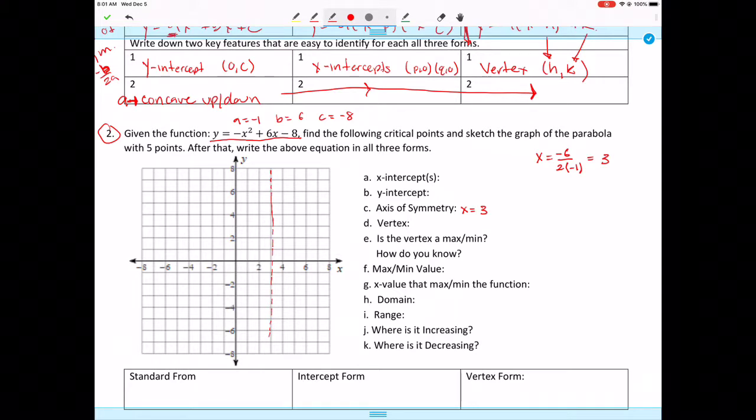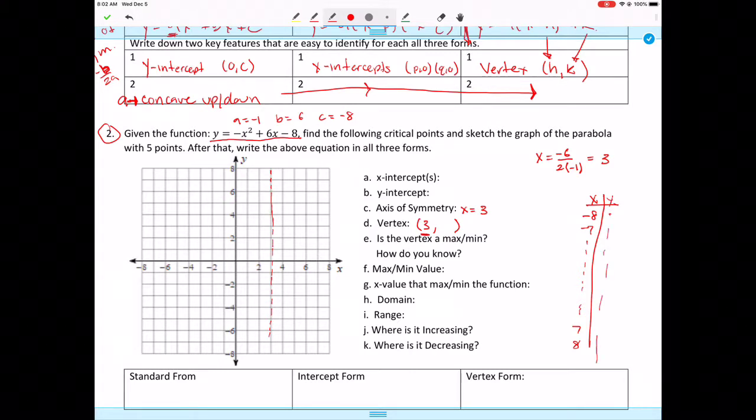We know that the vertex is on the axis of symmetry. So to find that, all we do is write 3 comma something, and if we're given an x, like a 3 here, all we need to do is plug it into our equation. If you wanted to, you could do a table with all the x's you wanted, from, I don't know, negative 8, negative 7, all the way to 7 and 8, and plug all those values in, and that would give us our y values.